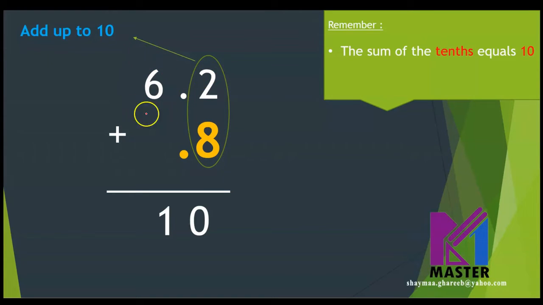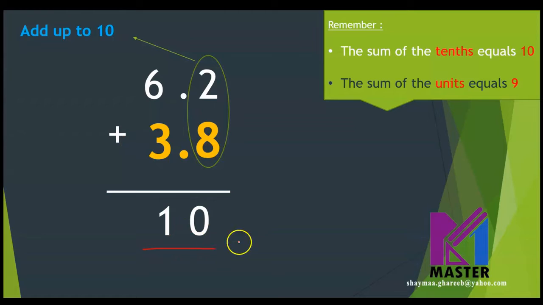And what about the digits in the units place? They should add up to 9. So 6 and what gives 9? 6 and 3. Then 6.2 plus 3.8 gives 10. So every time I form 10 using tenths, I will follow the same rule exactly.